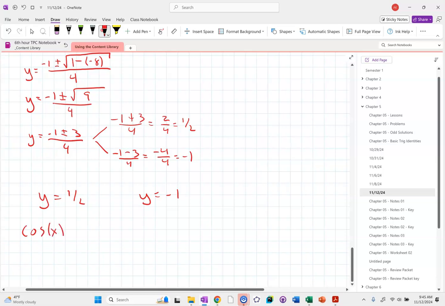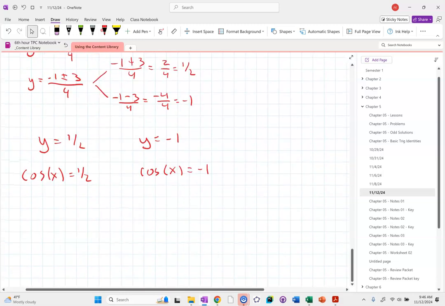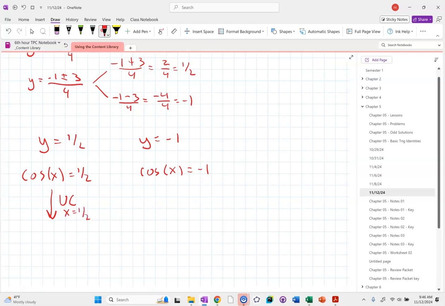Plug the cosine x back in. And now I'm ready to go to my unit circle. So in the first equation, I'm just looking for where cosine x is 1/2. And in the second equation, I'm looking for where cosine x is negative 1.